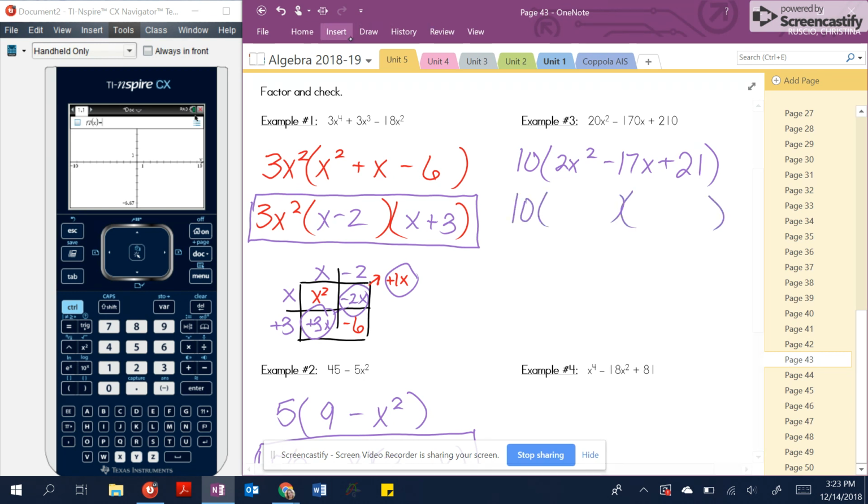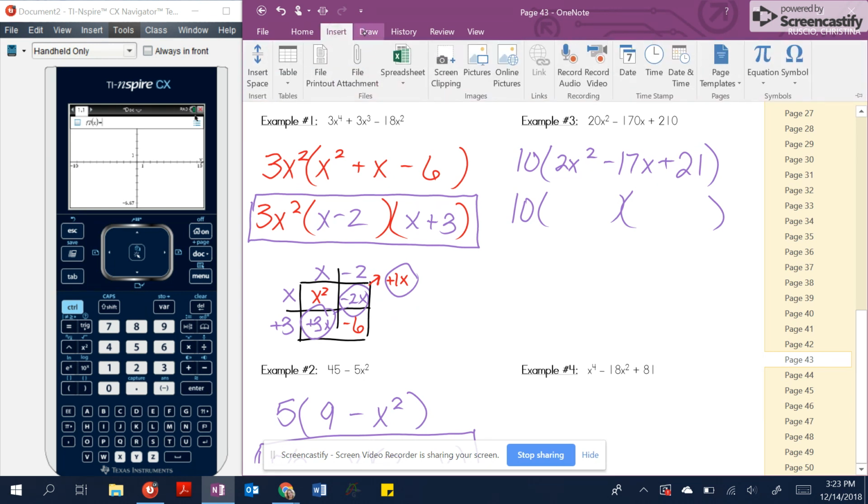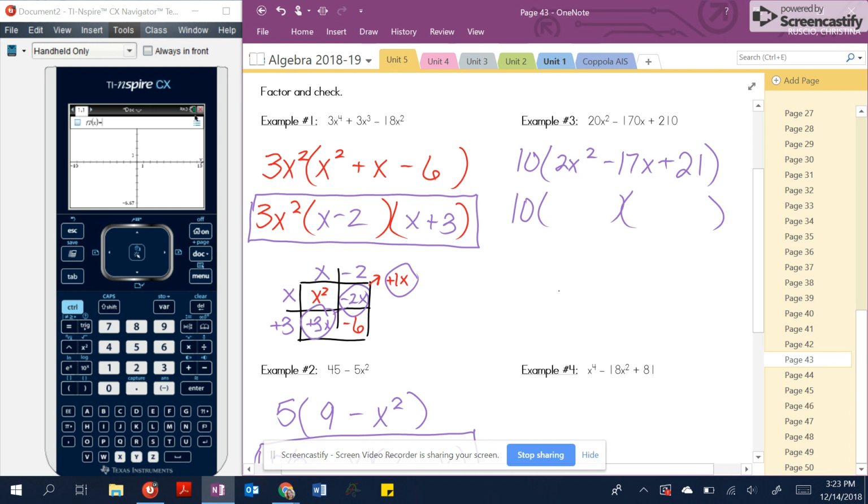All right, let's factor this trinomial. I'm going to use my box method. I think a lot of you would appreciate that right now, especially since that leading coefficient is 2x squared, and then plus 21, and then minus 17x.